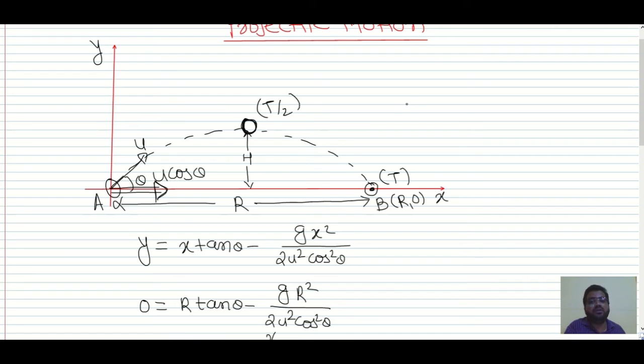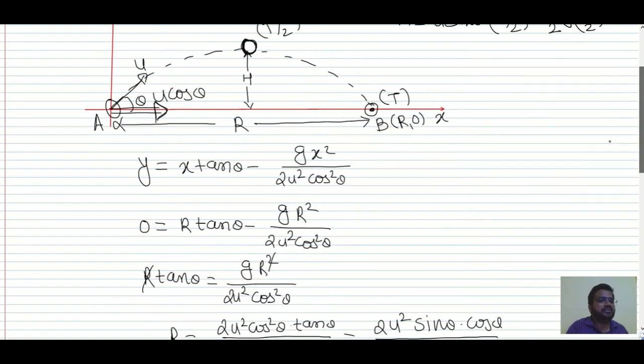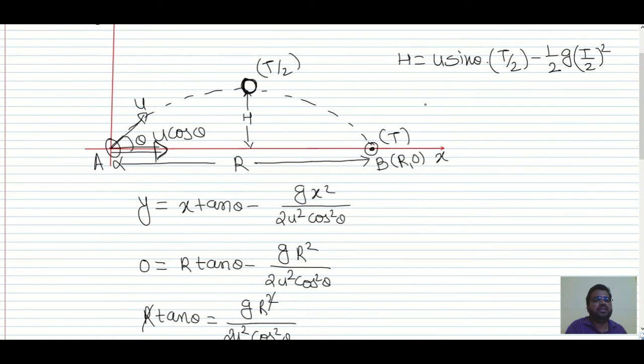So the y coordinate we have is H is equal to ut, where the initial velocity in the vertical direction is u sin theta, into time T by 2, minus 1 by 2 g into T by 2 whole squared, isn't it? So if you just work this out, you will get u sin theta into u sin theta divided by g, minus 1 by 2 g into u sin theta divided by g whole squared.